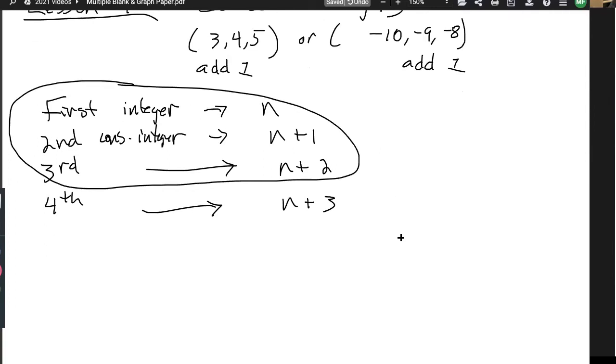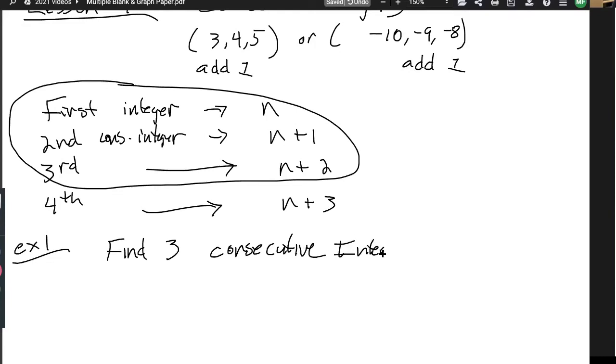So here is example 1 in my consecutive integers. So you're going to get a word problem that says find 3 consecutive integers such that, okay, such that, and here's the riddle.